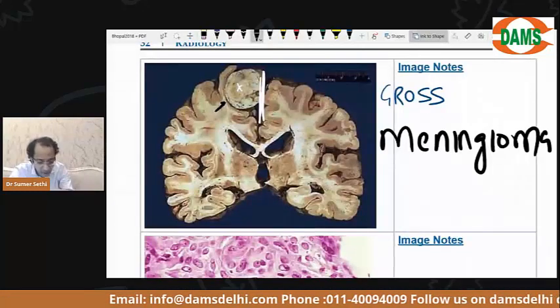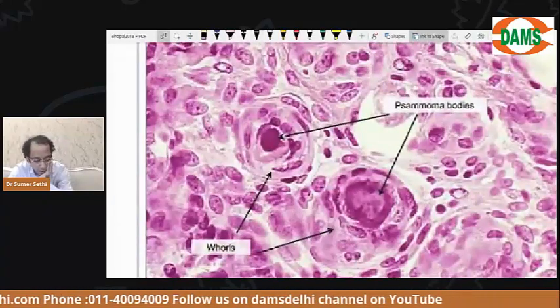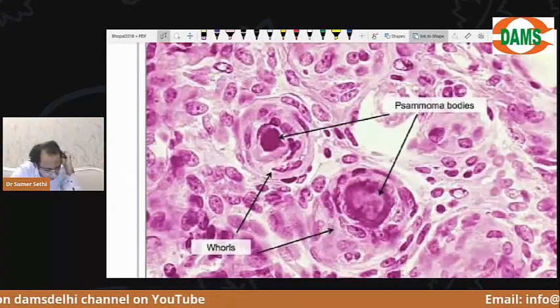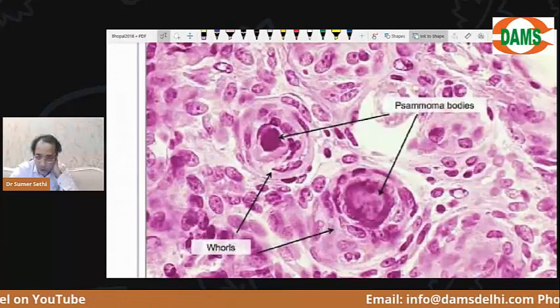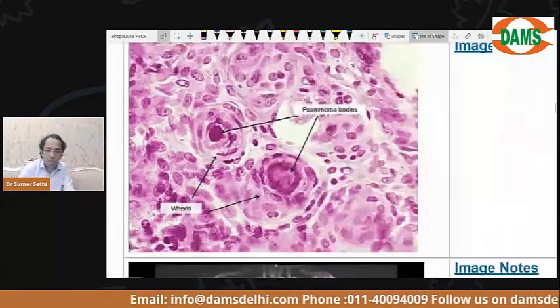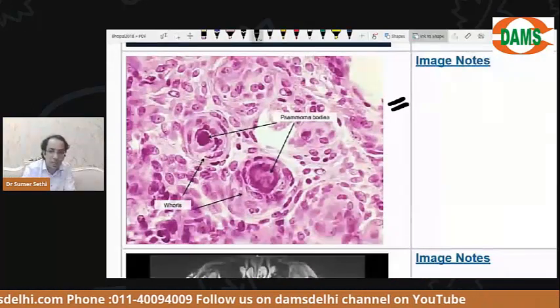Okay, the second question is, when you look at meningiomas on microscopy, can you see these rolls of calcium called as psammoma bodies? These are the same psammoma bodies that you see in papillary cancer thyroid also.